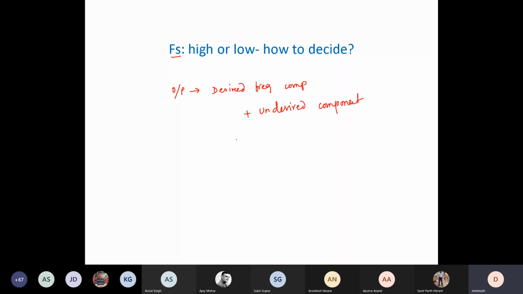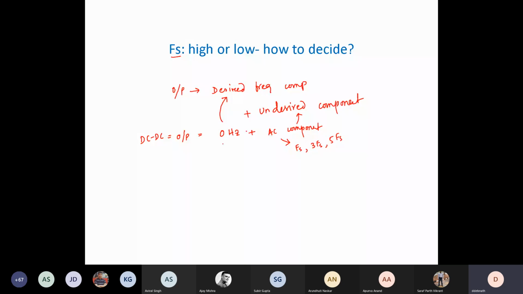An example was that in a DC-DC converter, at the output we had a 0 Hertz component, which was desired, plus some AC component, which was undesired. And this AC component starts from the switching frequency Fs, then all odd harmonics come, 3Fs, 5Fs, like this, right?